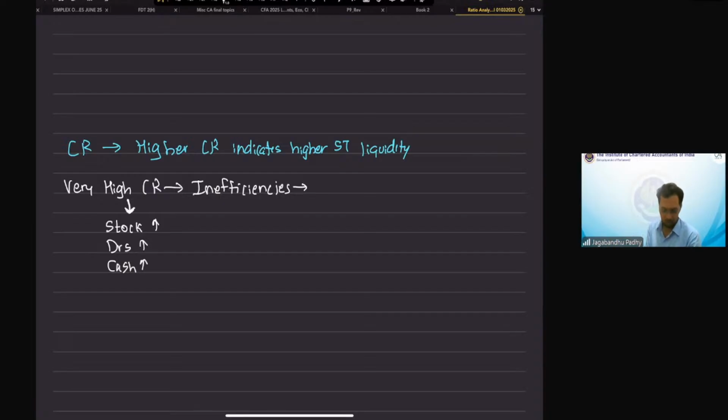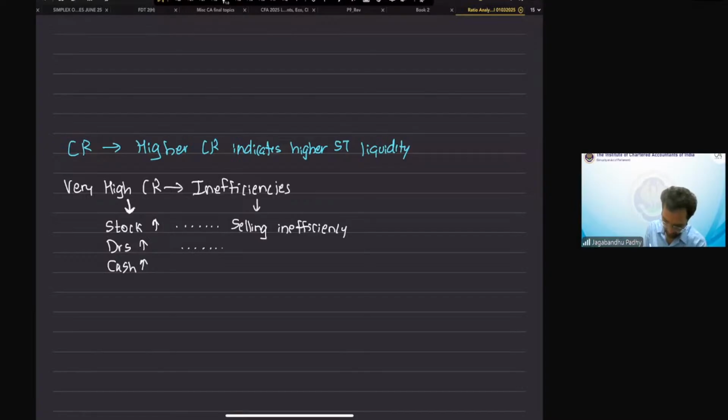So if you're going to have a high level of stock, what would that mean? Can I say you are inefficient in the way of selling? So you're having selling inefficiency, not able to sell your product.